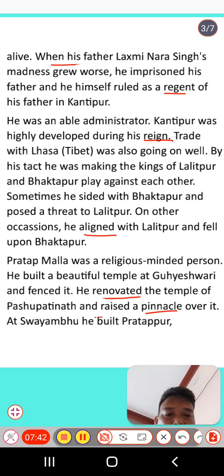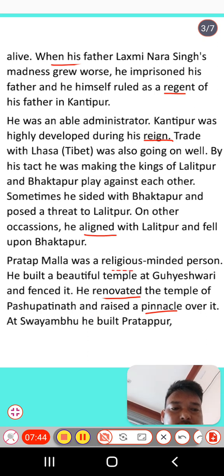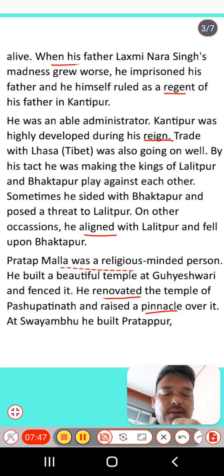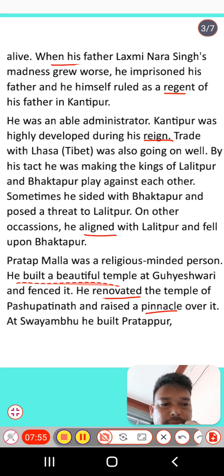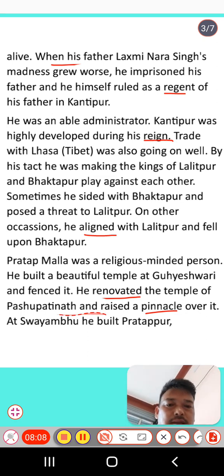Pratap Malla had faith in religion, and for that he constructed many temples like Goeswari and fenced all around. He repaired the temple of Pashupati Nath and built a pinnacle, a peak, over it.